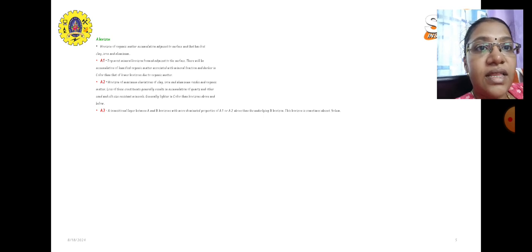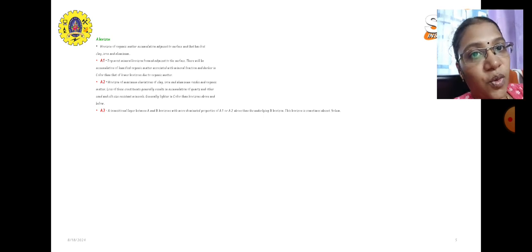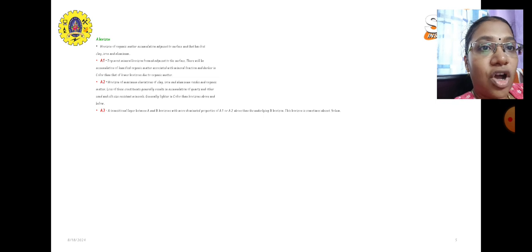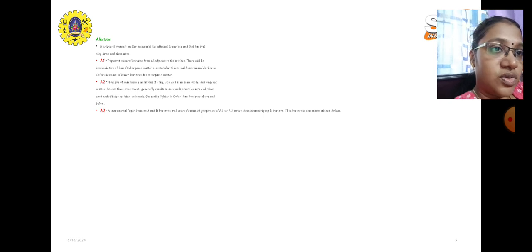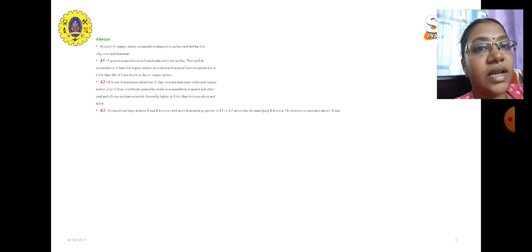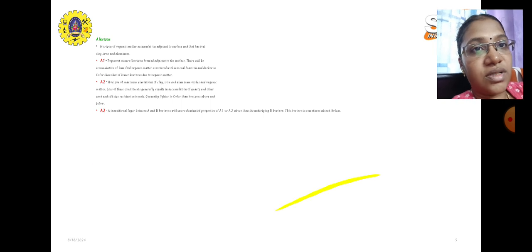So generally those are lighter in color than horizons above and below. A3 is a transitional layer between A and B horizons with more dominated properties of A1 and A2 above that, lying above the B horizon. Sometimes it will be absent. So in replacement of it we consider the A1 and the A2 horizons.